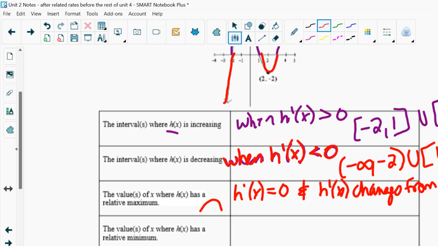A maximum looks like this, so the function's changing from increasing to decreasing, so the derivative's changing from positive to negative. Without shouting it out, I want you to look at that graph and see if you can tell me, does this graph have any maximum values where the derivative equals 0 and its values are changing from positive to negative?